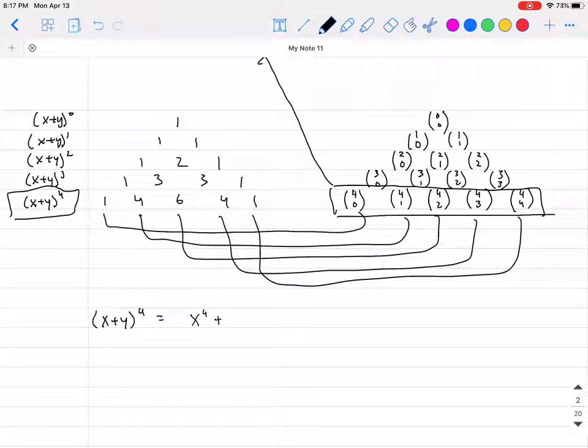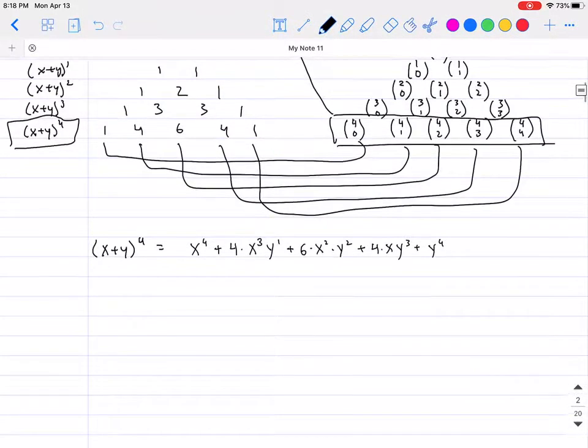That's x to the fourth, plus 4 multiplied by x to the third, y to the first, plus 6 multiplied by x squared times y squared, plus 4 multiplied by x times y to the third, and finally plus y to the fourth. That's if we multiplied everything out the long way.